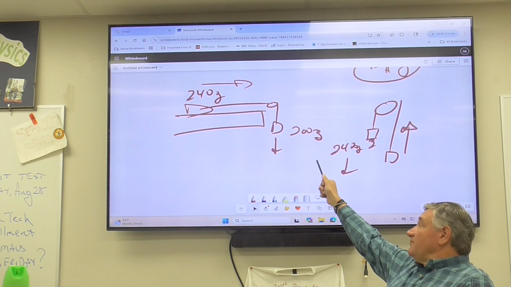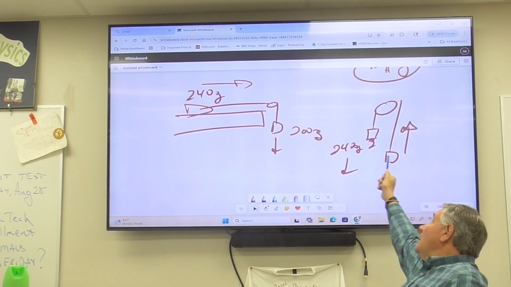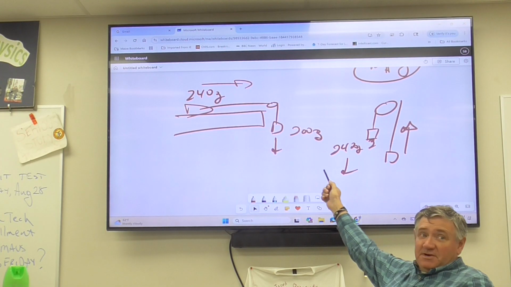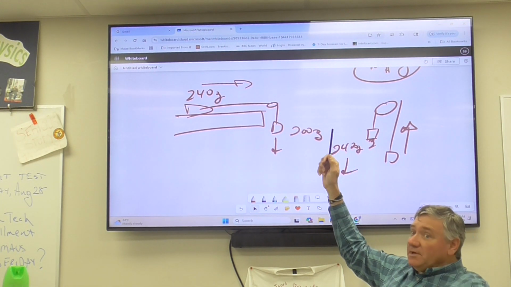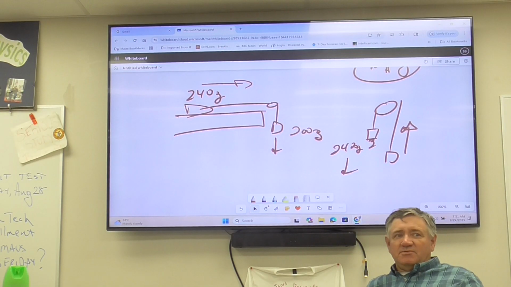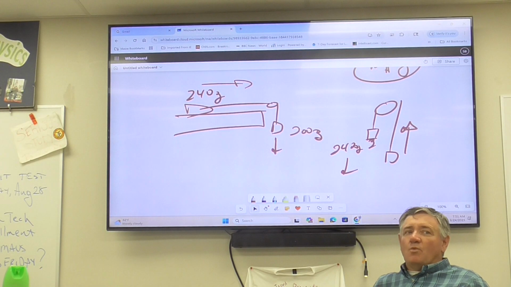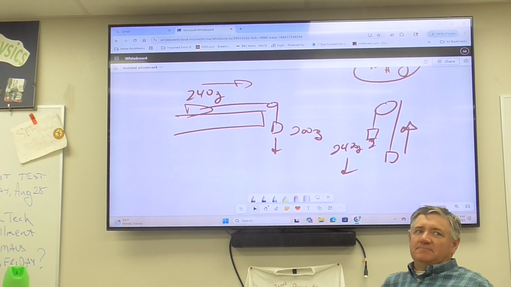On a flat surface, I put the 200 gram mass there, it falls. On this one, if I put the 200 gram mass on one side and the 240 gram mass on the other, the 240 gram mass falls, and the 200 gram mass goes up. So what's the difference between the two? Why in one situation does the 200 gram mass fall, and in the other situation it goes up? Elliot?